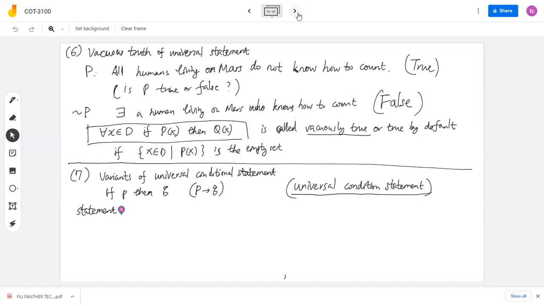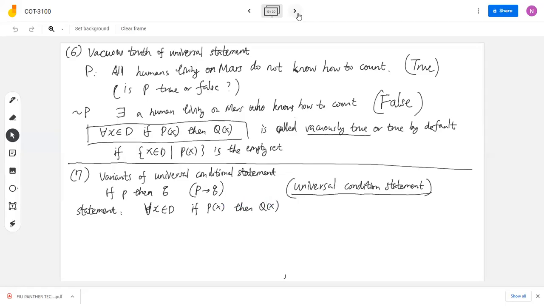I'm going to discuss briefly why we don't care about the existential conditional statement. For the existential conditional statement, we don't have too much interest. Suppose the statement is: for all x in D, if P(x), then Q(x). So this is our original universal conditional statement.